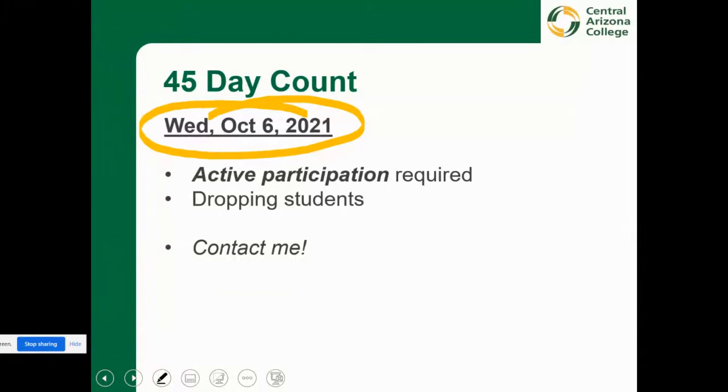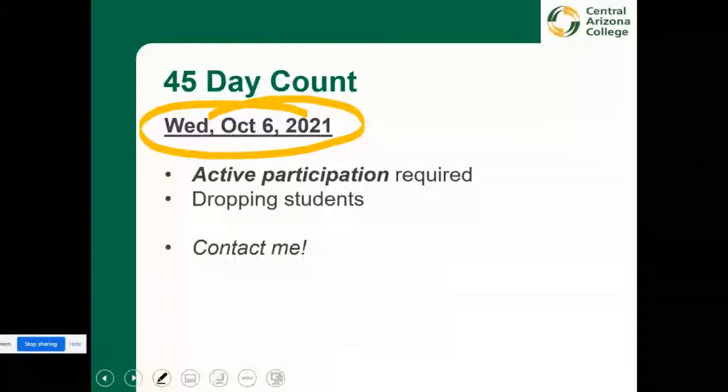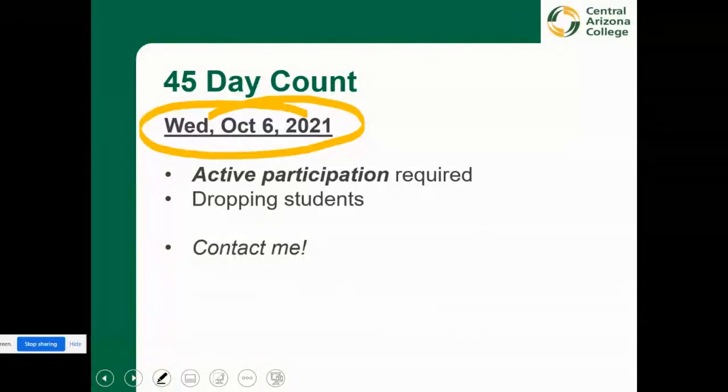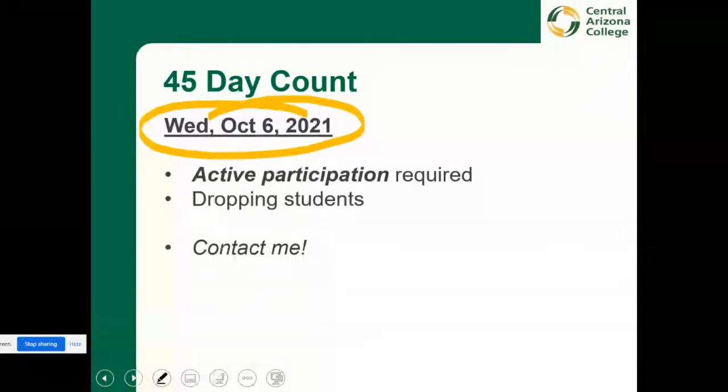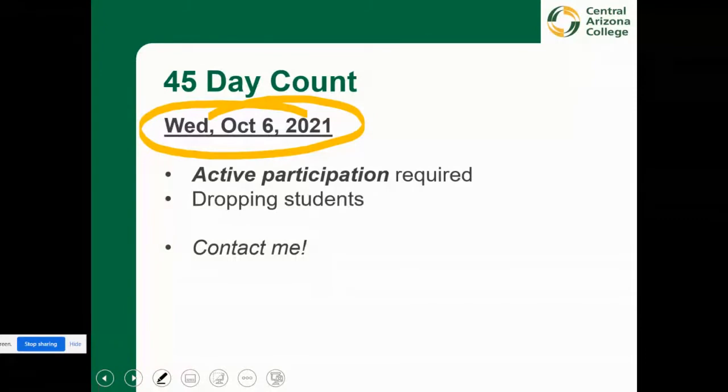I always reach out to my students before I drop anyone, and we have a little dialogue about that, but I can't promise that every instructor would do the same. So keep in mind, and especially check your emails and Blackboard messages this week if you have not been actively participating, because an email from your instructor might very well be about this.